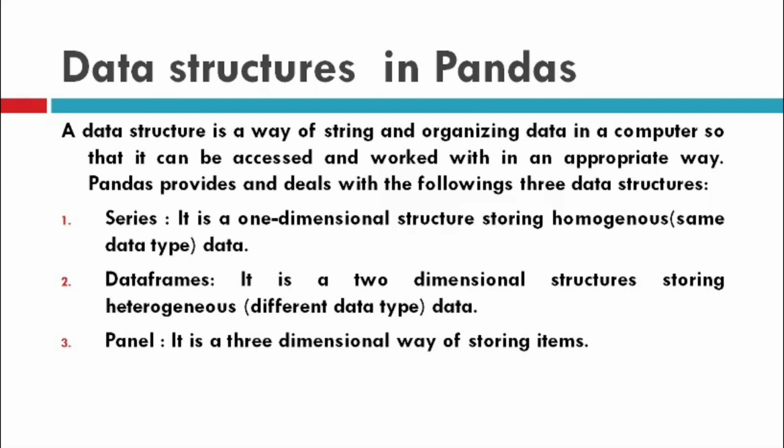It is just like NumPy, which we studied, a single dimension array. A data frame is a 2D array for storing heterogeneous data types, and a panel is a 3-dimension way of storing the data items.